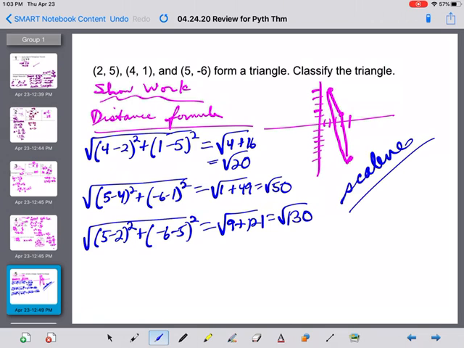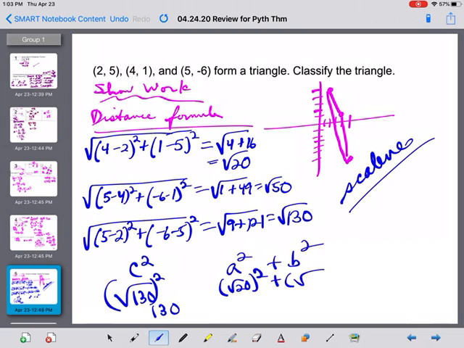And then to prove for the angle, it looks like an obtuse triangle. Well, let's prove it. So you have to compare c squared versus a squared plus b squared. All right, so the biggest side is square root of 130 squared. That's 130.